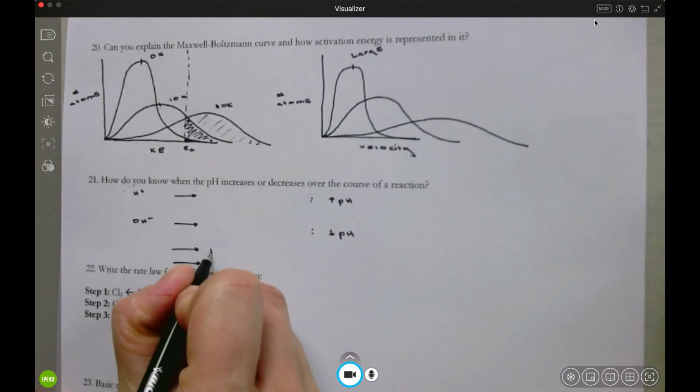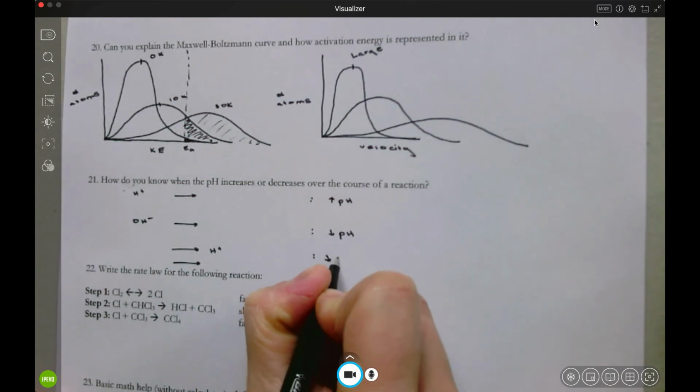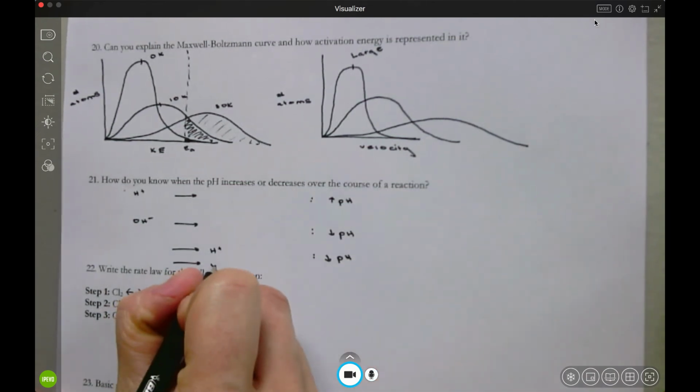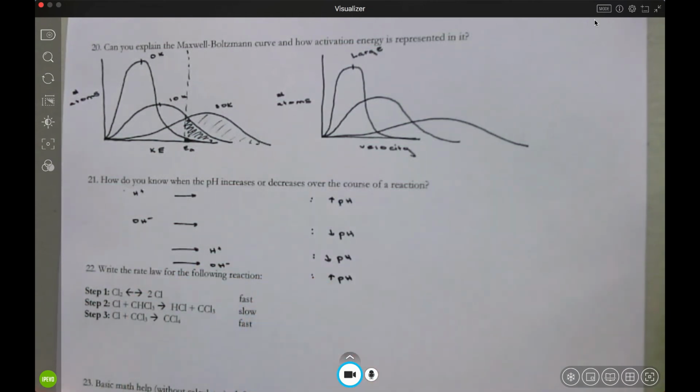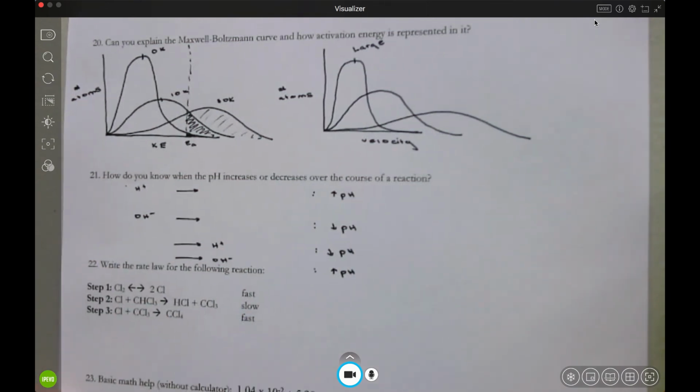If H plus is formed during the course of the reaction, then I know that my pH decreased because it's becoming more acidic. If I formed OH minus, I know my pH had to increase because my solution is becoming more basic. And keep in mind, H plus and H3O plus are synonymous.